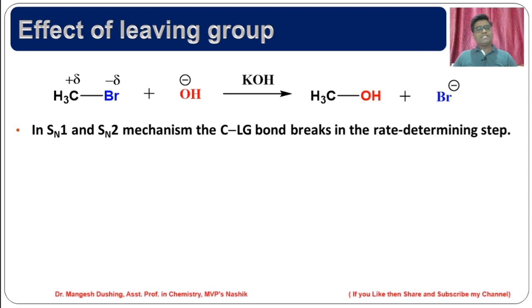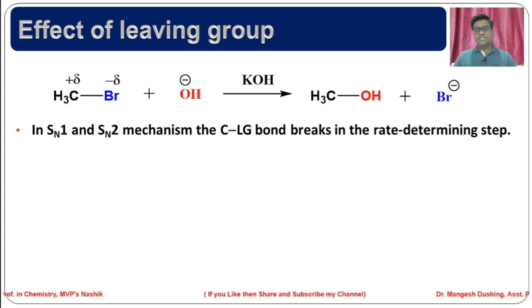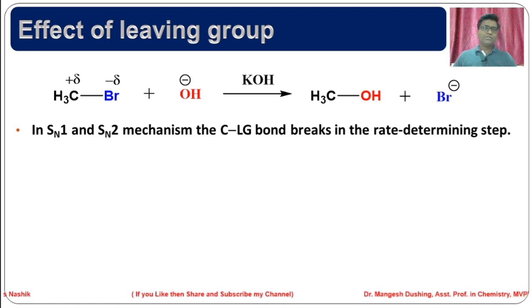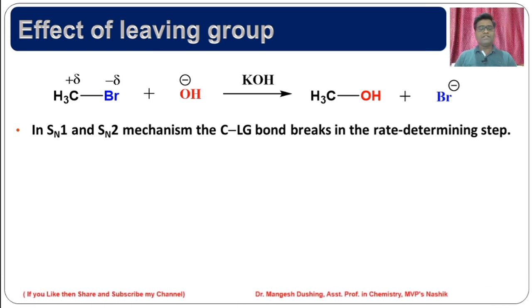Friends, in SN1 and SN2 mechanisms, the carbon-leaving group bond breaks in the rate determining step, that is the slow step. It clearly indicates that the role of the leaving group is very important in reactions going via SN1 or SN2, and also for the rate of reactions.